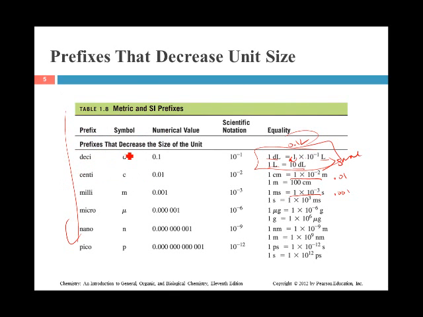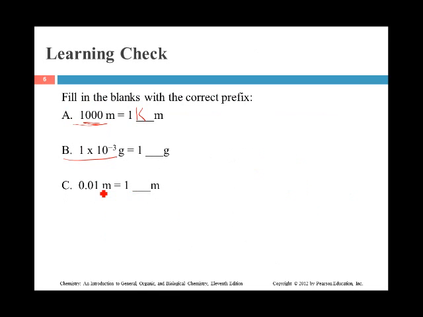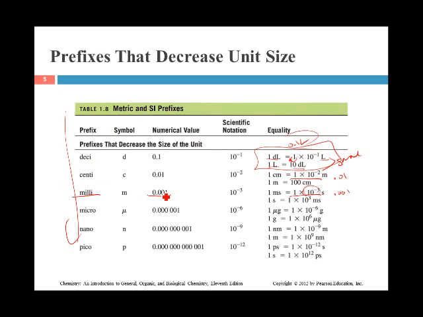So if we look over here, 1 times 10 to the negative 3, here we go, 0.001 is milli. So it's equal to 1 milligram. 0.01 meters is equal to what kind of meters? 0.01 is centi.